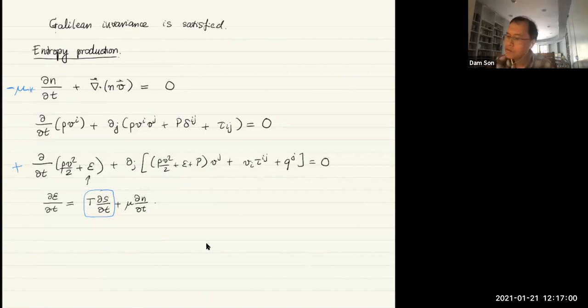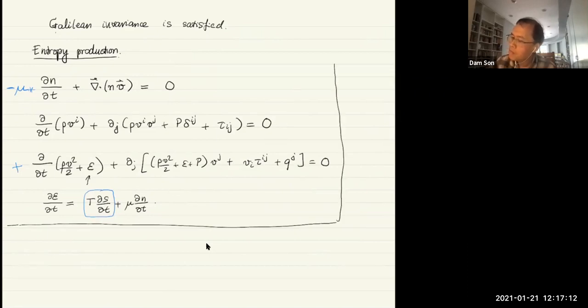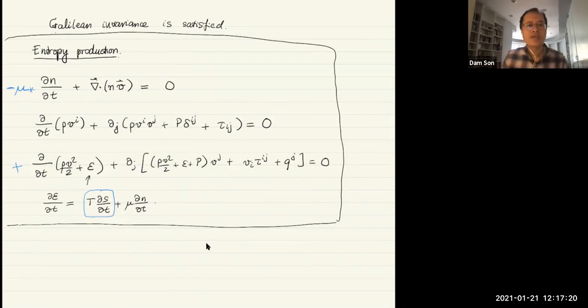I'm not going to do the full calculation, but I'm going to just illustrate how that's done. One can simplify this equation using a trick that's quite popular in general relativity.